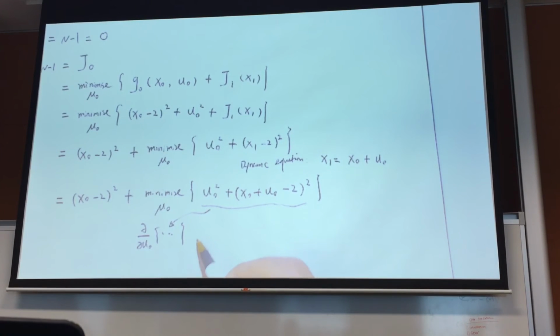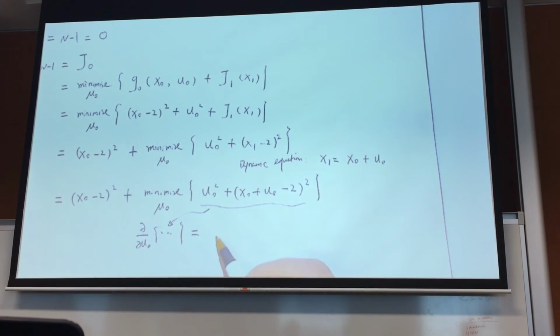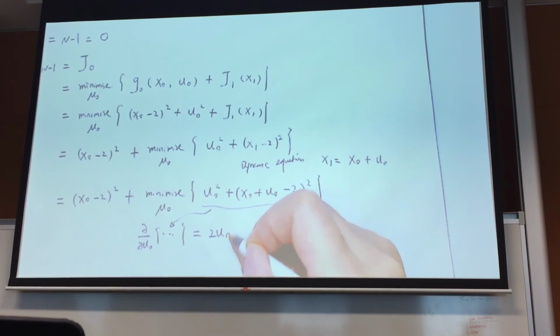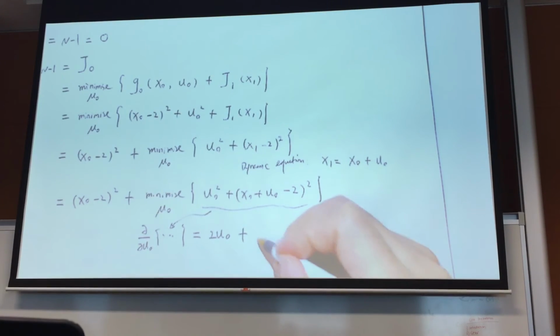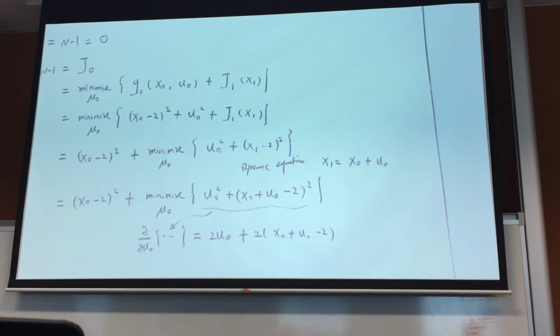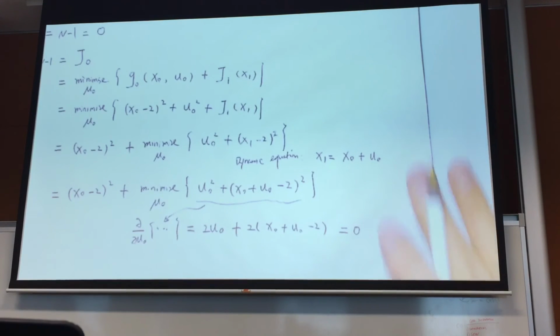We set this to be equal to 0. This will give us the general solution for u0. The derivative equals 2u0 plus 2 times x0 plus u0 minus 2, and setting it equal to 0 will give us the minimizing point.